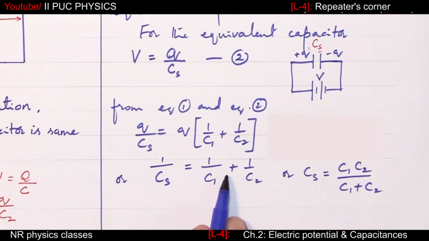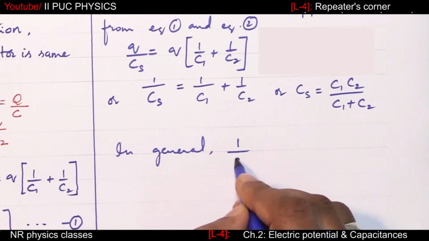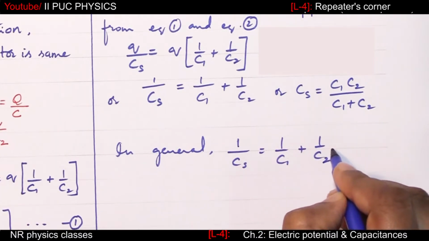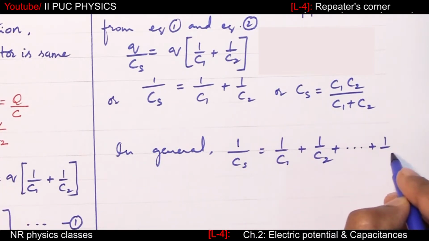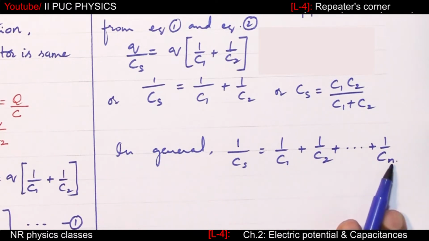Take LCM, simplify. CS equal to C1 C2 by C1 plus C2. In general, 1 by CS equal to 1 by C1, 1 by C2, etc. plus 1 by Cn. This is for n capacitors connected in series.